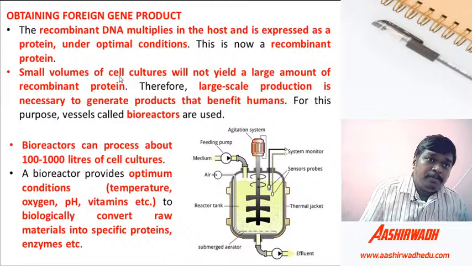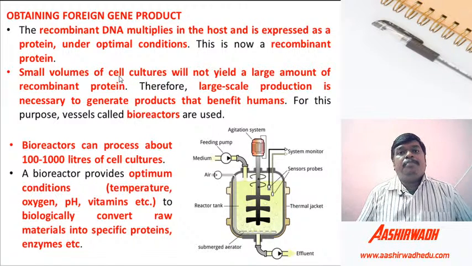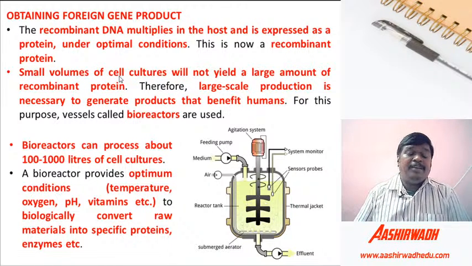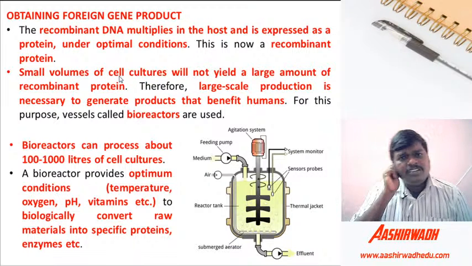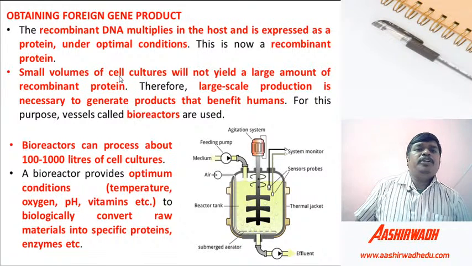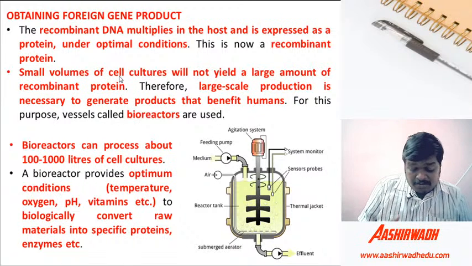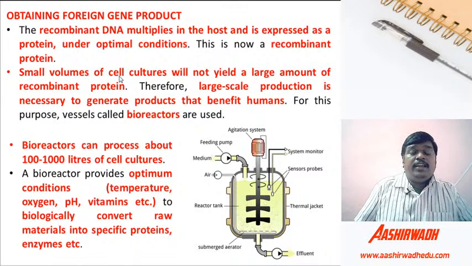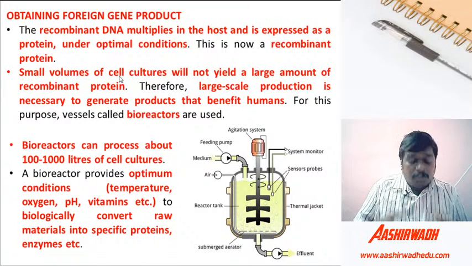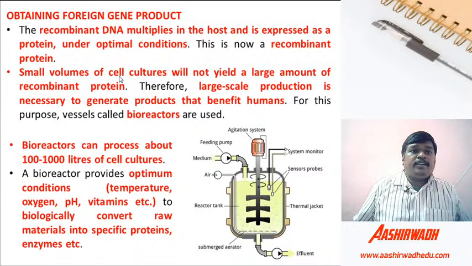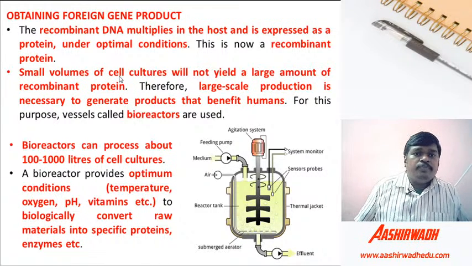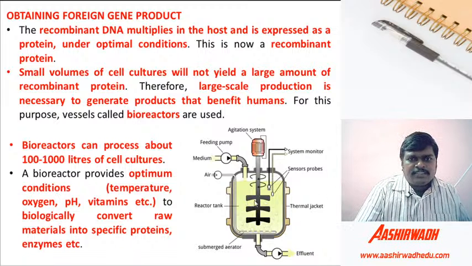The product may be a protein, an enzyme, insulin, or a secondary metabolite, anything. To produce multiple copies of DNA, they use PCR, whereas to produce more product in large volume, we use bioreactors.